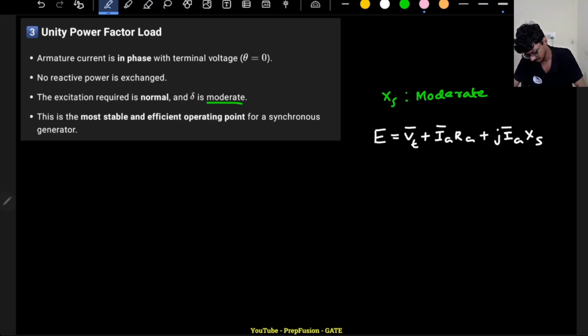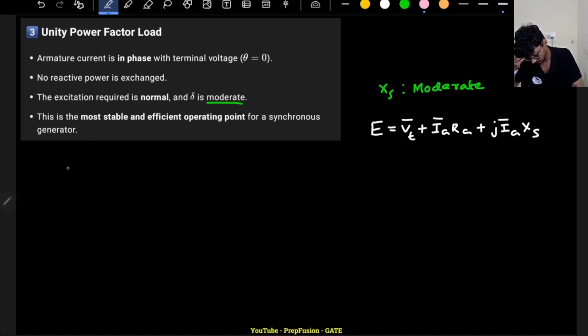So what I can say is, here Xs is moderate.